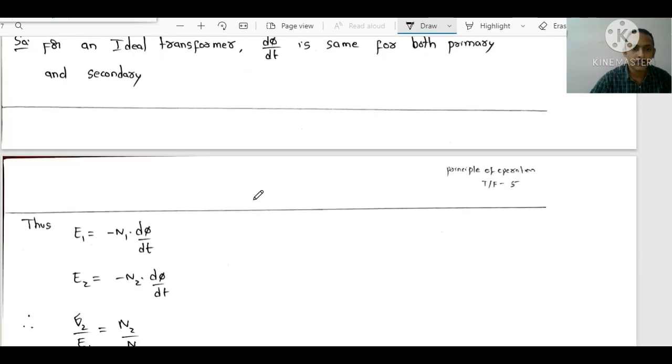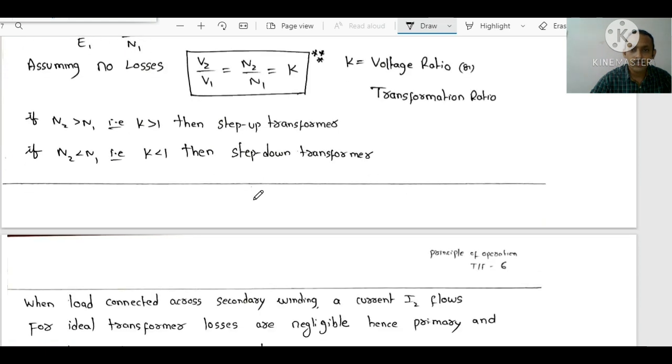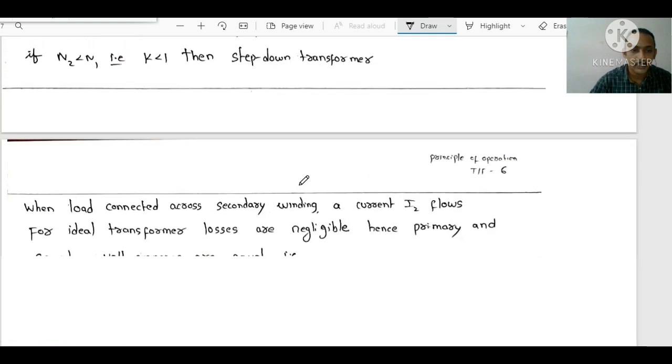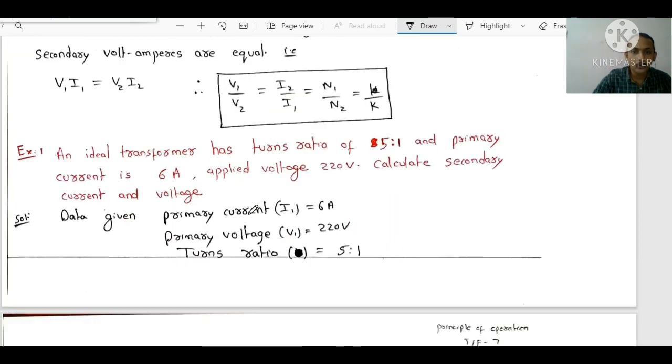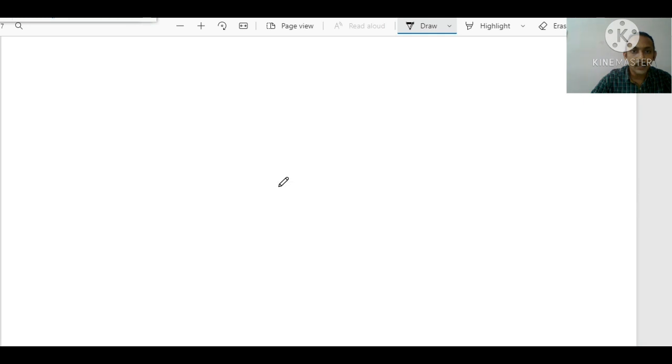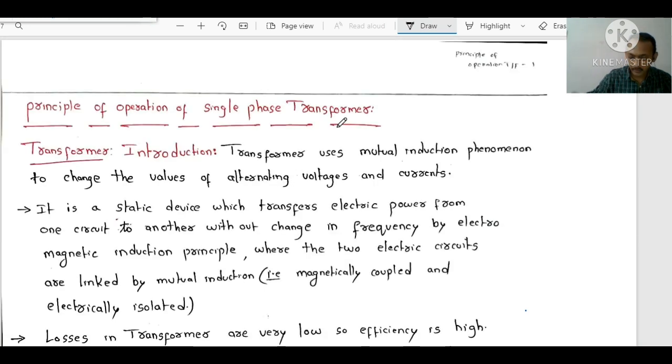What are the different assumptions we will consider for an ideal transformer? Based on that, we will discuss the voltage ratio and transformation ratio, and also we will look into a small example.